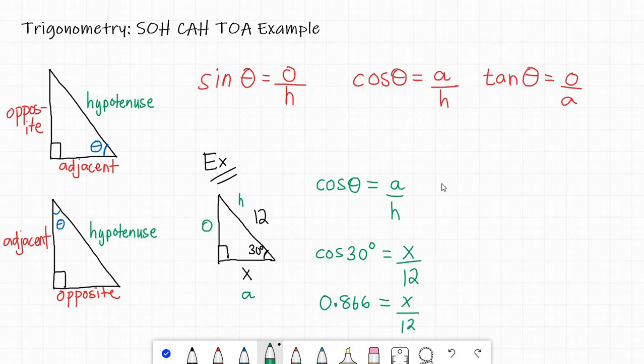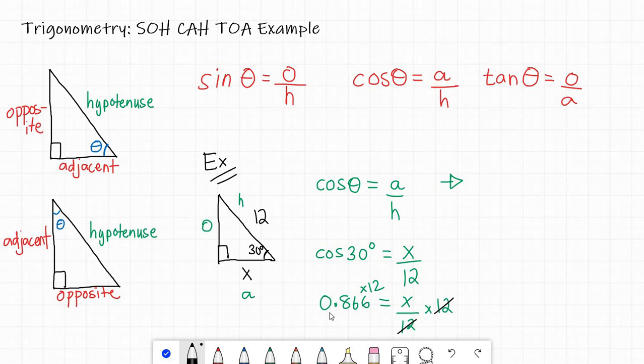And so for the last step of this problem, we want to solve for x. Right now, x is being divided by 12. So in order to reverse a division, we're going to multiply, and we need to multiply on both sides. So we're going to multiply by 12 on the right-hand side. That will cancel out the 12, like so.